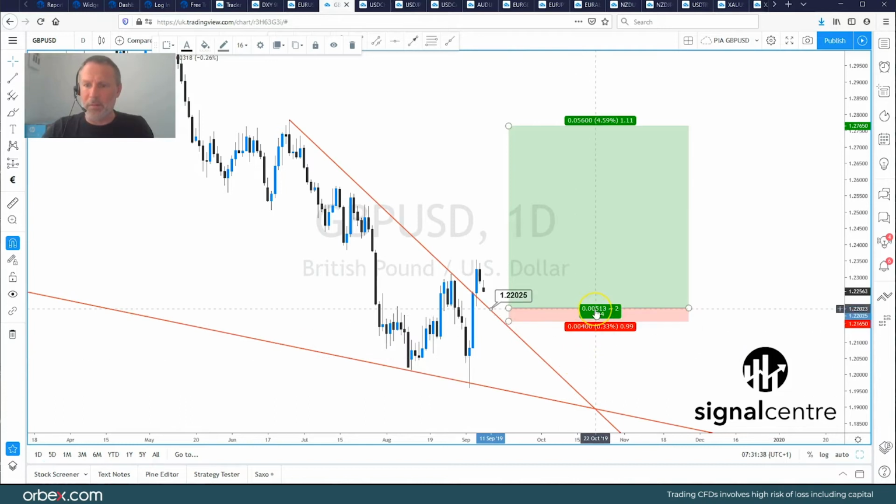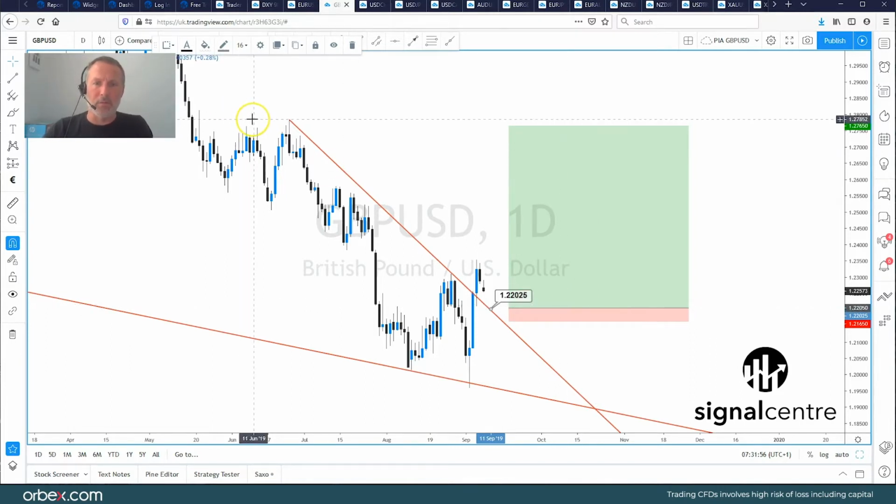We've got our bespoke support located at 122.05. Obviously cable, or not just cable, but sterling in general, with Brexit, etc., is extremely volatile, but this offers quite a good risk reward setup today, buying into a mild dip with a measured move target for this wedge breakout being up here around about 127.65.